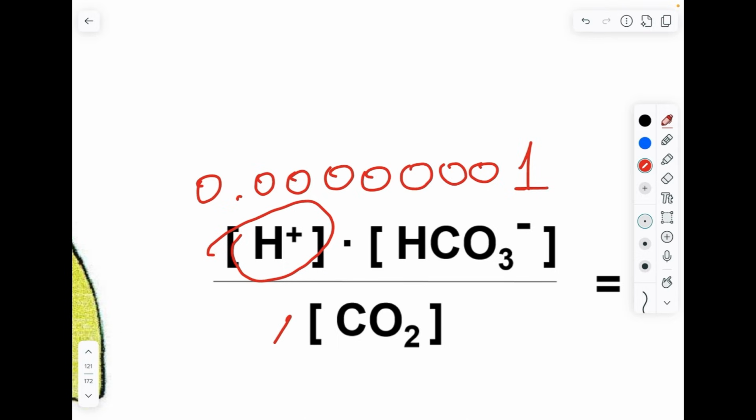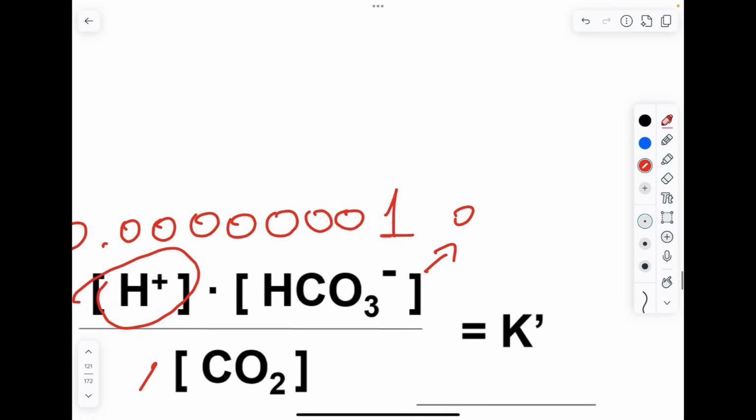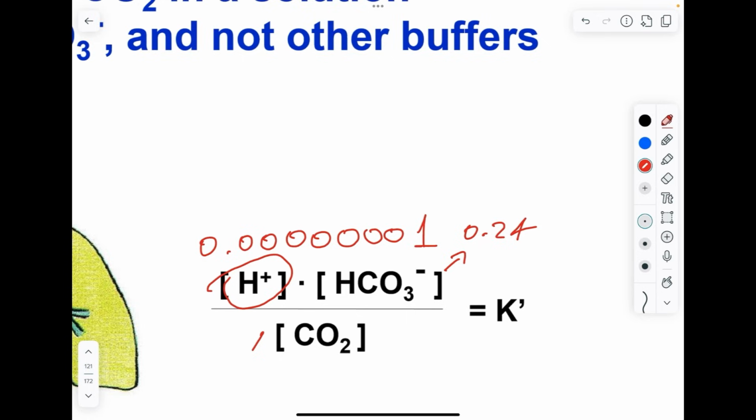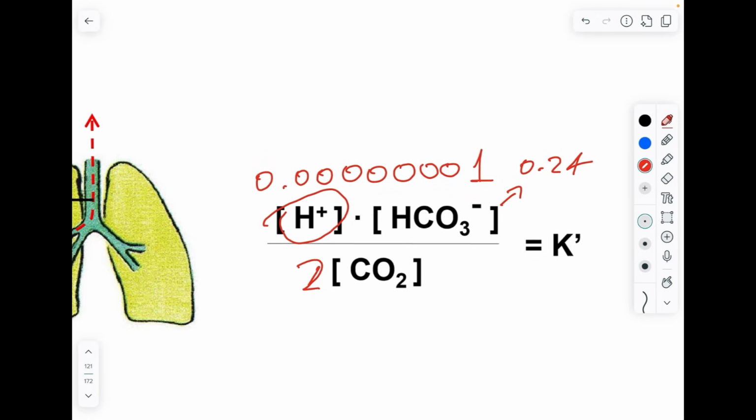Can you imagine how little that is? While we have 0.24 for the concentration of HCO3. So now that you increased CO2, doubled it, so you added a lot of CO2, okay?